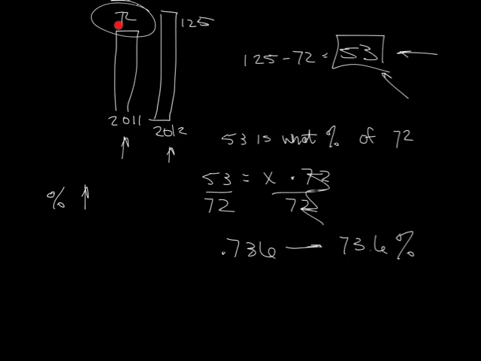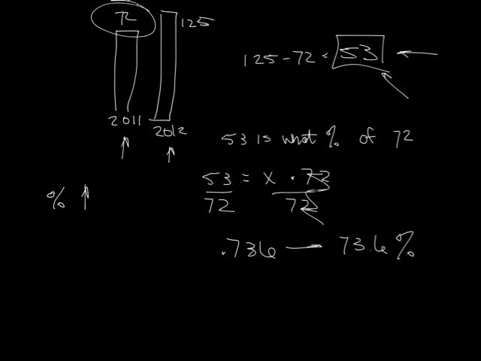If we wanted to find a decrease, well, if this number were a number less than 72, then this would have been a decrease from 72, and we would have been able to find the percentage the same way. The difference between this number and this number, if this one was lower, and then this answer would be the decrease in sales rather than the increase. So anyway, we'll keep working on some of these examples here.